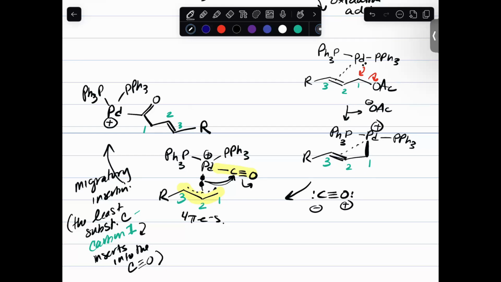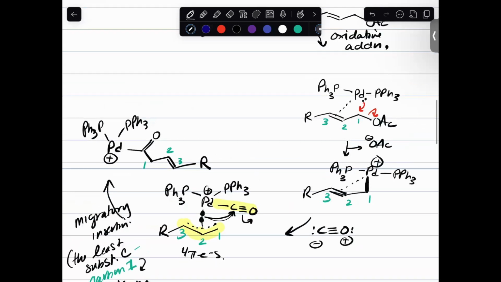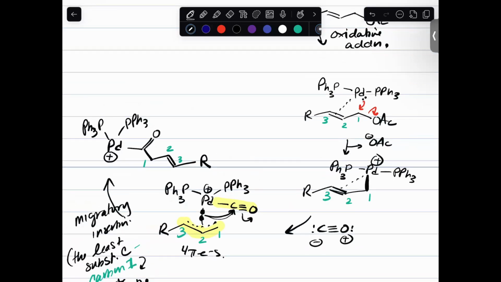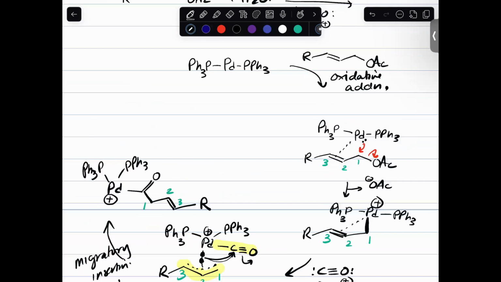Now that I've got my carbonyl system, now I can go ahead and add my nucleophile. And so if my nucleophile is water, just like before, I have it add to my carbonyl and my electrons go to my palladium.